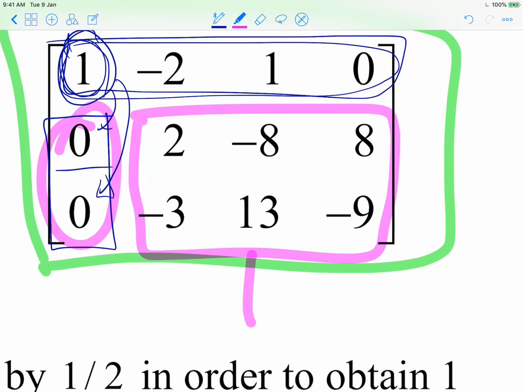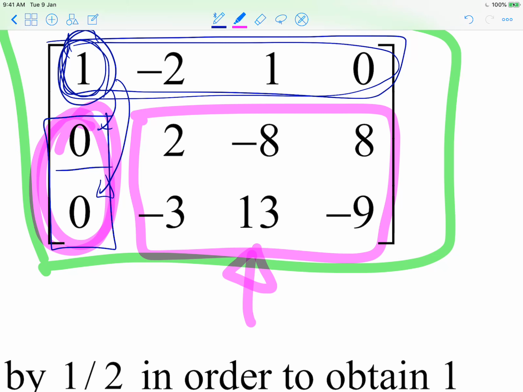You can think of this situation as having a smaller linear system with one less equation and one less variable, because we removed the first variable.